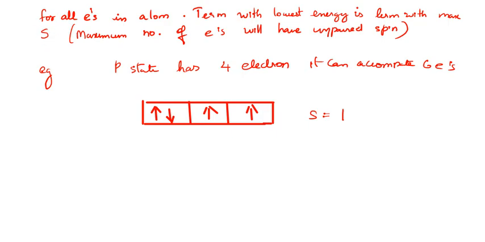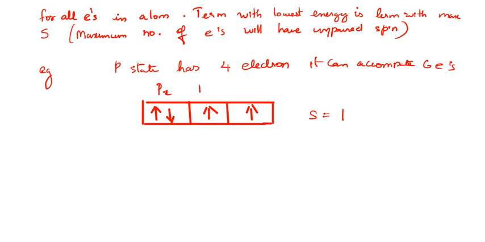For example, we can explain this using an example. The p state can accommodate 6 electrons. If an atom has 4 electrons in this state, the electrons will be filled without pairing first. And since there are 4 electrons, we will fill the first orbital or first state, px, py, pz.